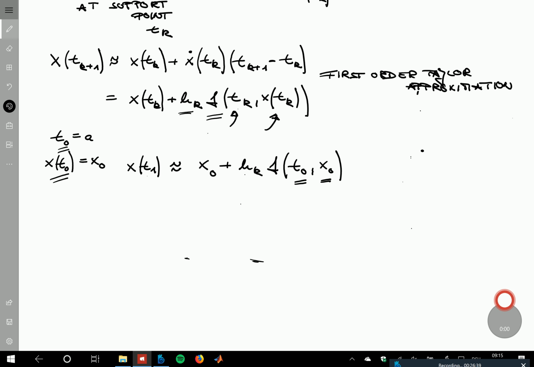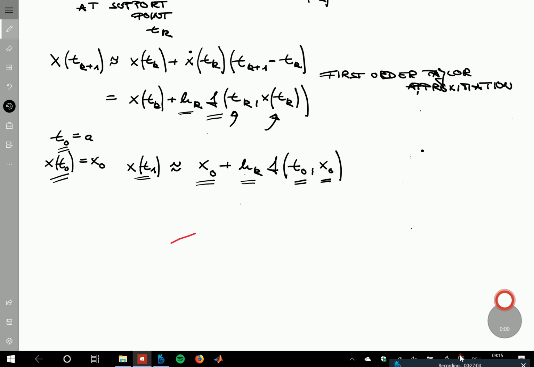We approximate the value of the function x at t1 by taking our initial value and adding to it the multiple of our distance between our discrete sample points times our function that we know evaluated for t0 and x0 that we know. This value we don't know, but we approximate it now.